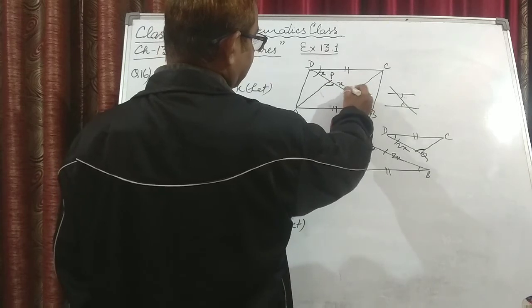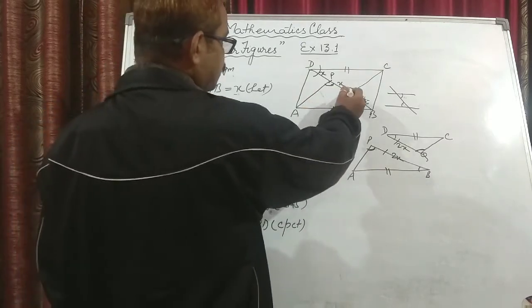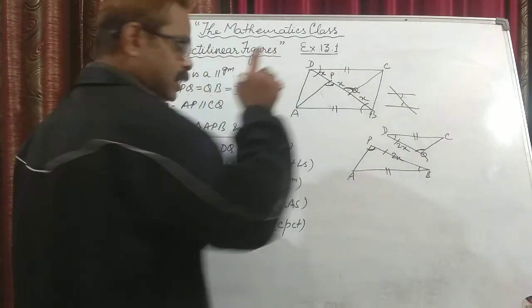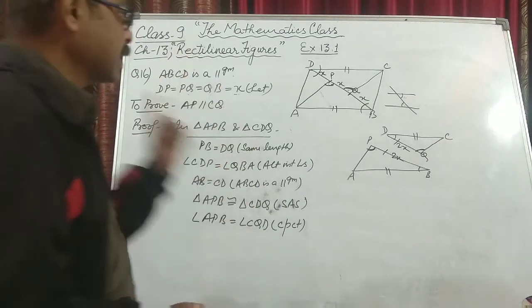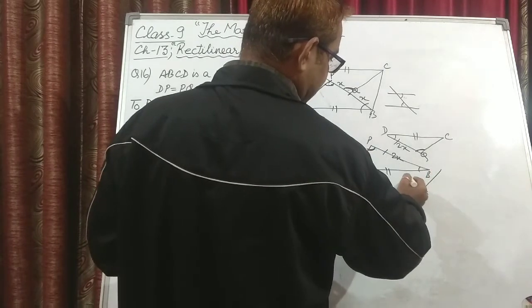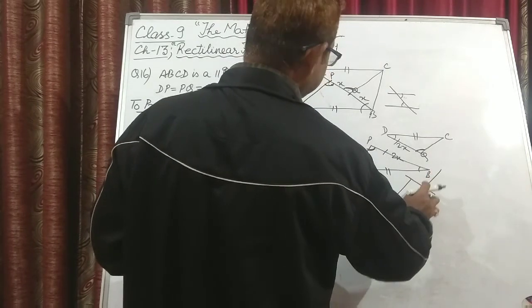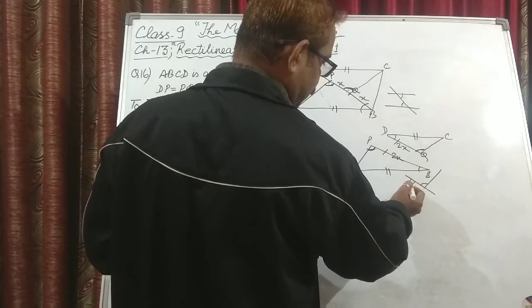Now if you look at this angle and this angle, these two angles are equal, but these two angles can also be considered as alternate interior angles. This is a line and this is a line and a transversal is cutting them like this, and we are saying that this angle and this angle are equal.